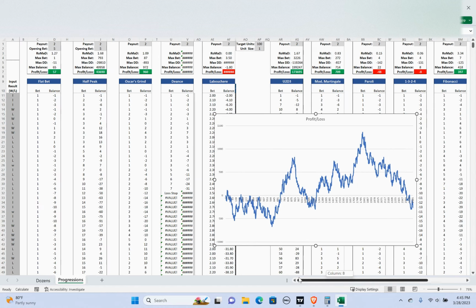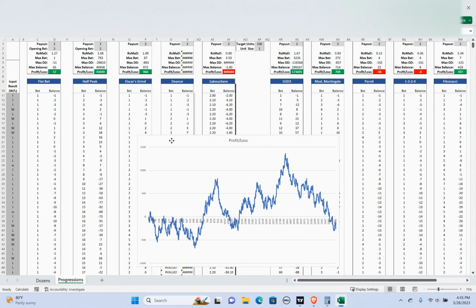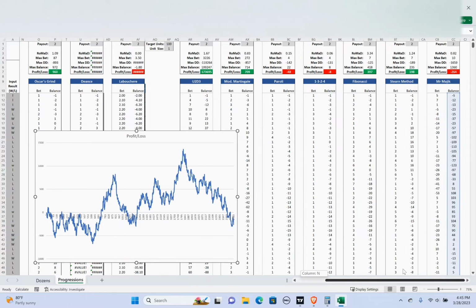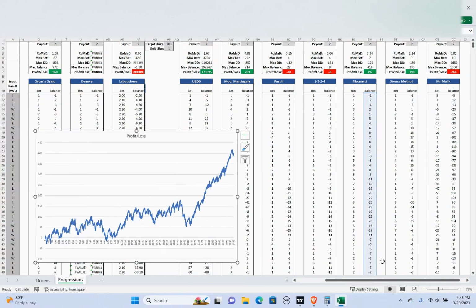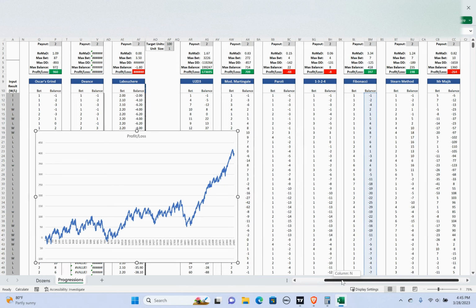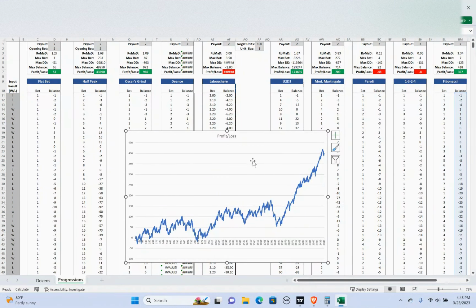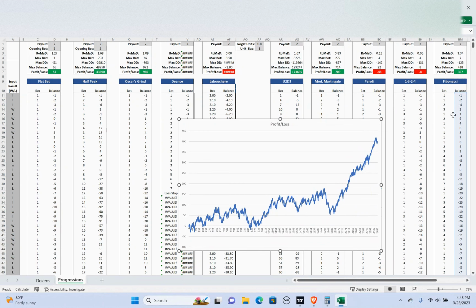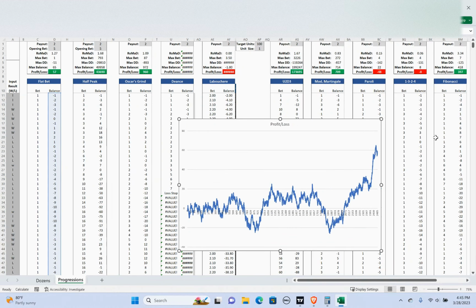But anyway, what do you guys think? It seems to be looking pretty good, and I'm just wondering if you guys are as surprised as I am by the performance of this Fibonacci. I guess maybe it just did so well because this performs so well on the flat. Maybe that's why the Fibonacci did so well.